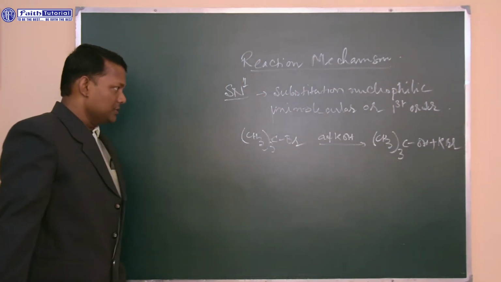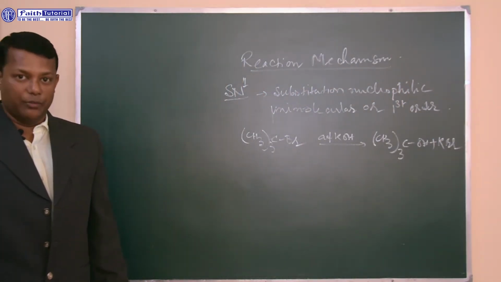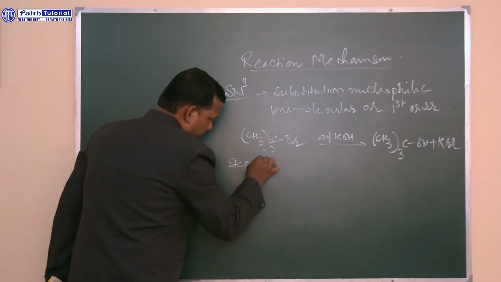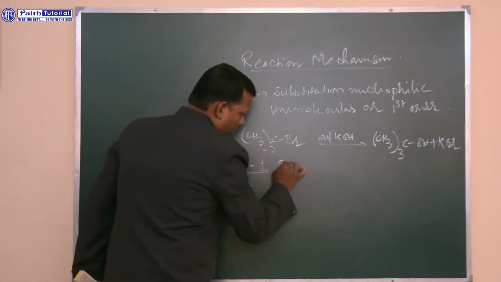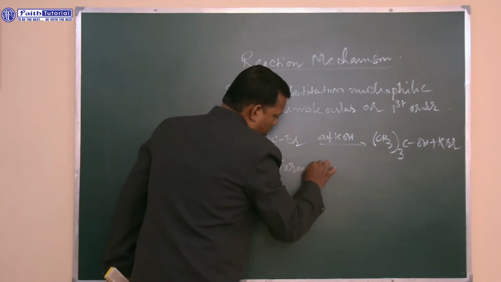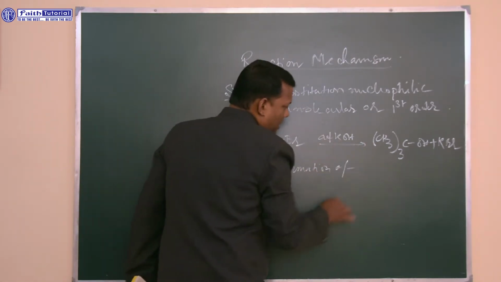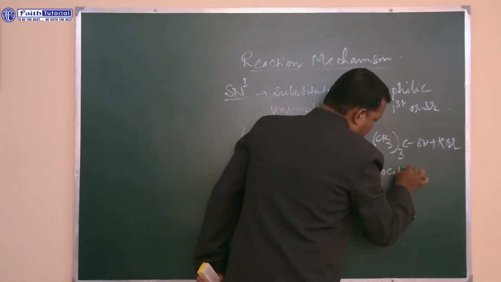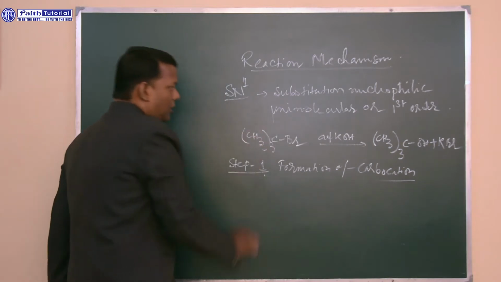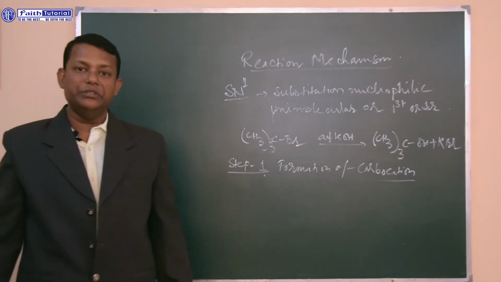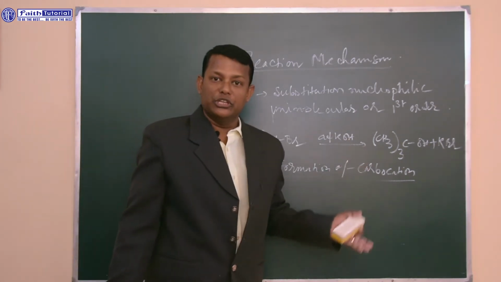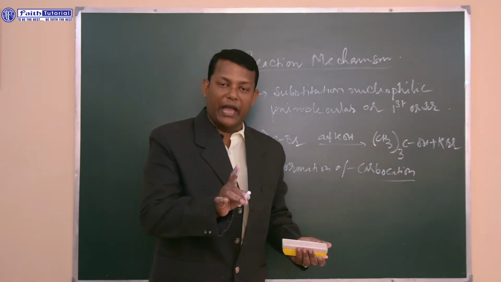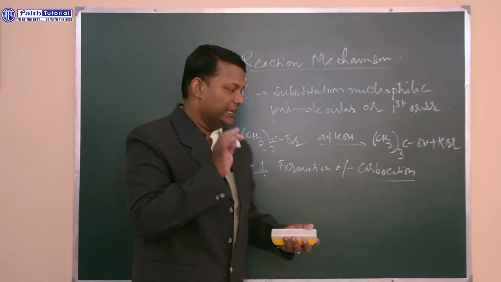In these reactions, two steps are involved. In the first step, formation of carbocation occurs. Cation means positive ion. When carbon is carrying the positive charge, it is known as carbocation.